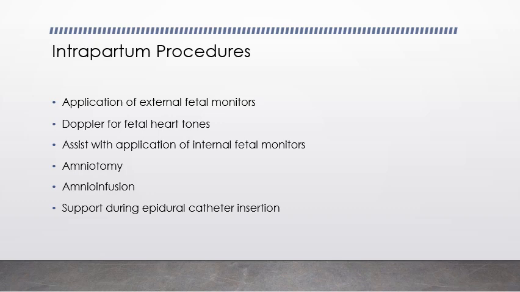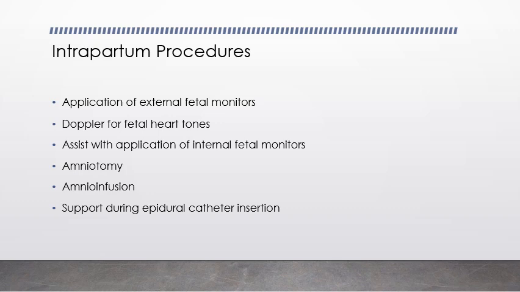So the first thing we have to do is just remember some intrapartum procedures. You'll be expected to apply external fetal monitors. You might have to listen for fetal heart tones with the Doppler, assist with the application of any internal fetal monitors like the fetal scalp electrode or the intrauterine pressure catheter.